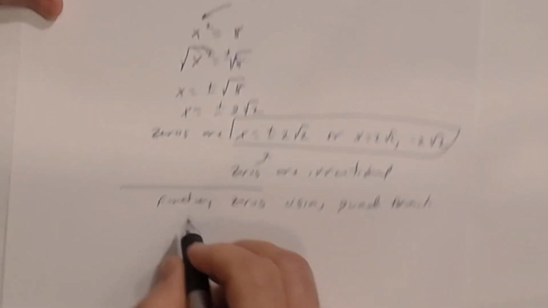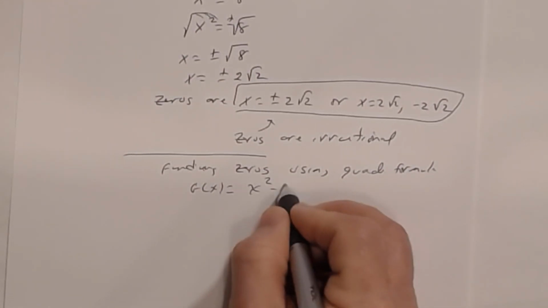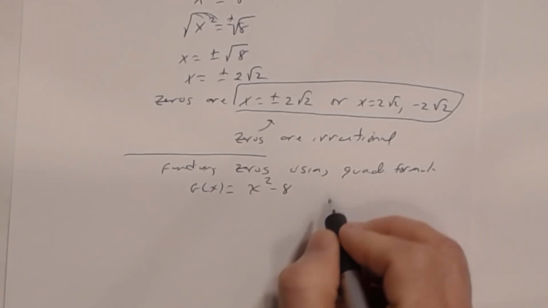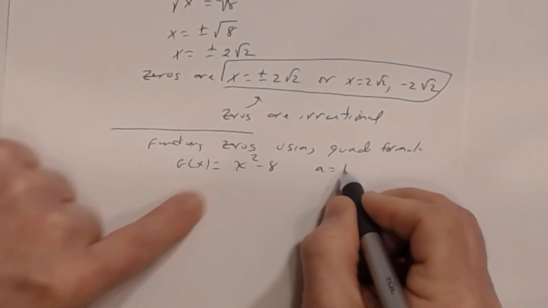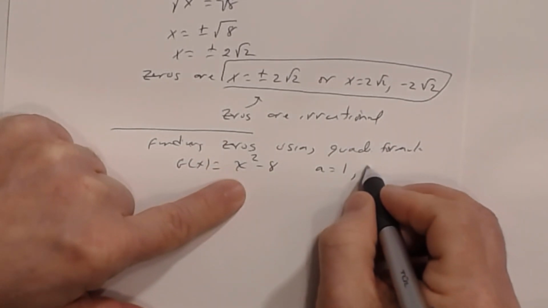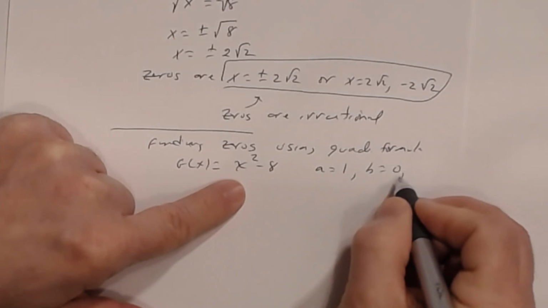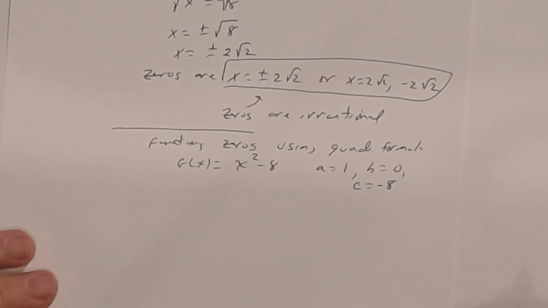All right, just know that in this case, when I substitute values in the quadratic formula, a is 1, the coefficient of x squared. B is the coefficient of x. Since there's no x term, b is 0. And then c is your constant, which in this case is negative 8.